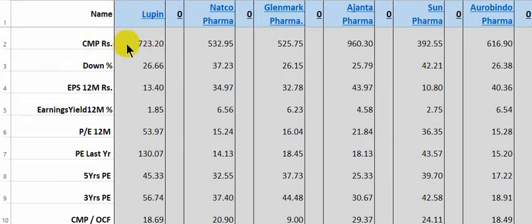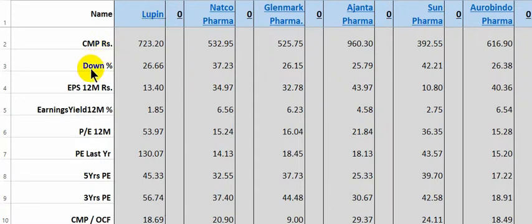Lupin's current market price is 723 rupees. Today's date is 19th June 2019, and most of these companies' data is up to date till March 2019. Some of the figures consider March 2018 data for analysis, but otherwise it is up to date till March 2019.